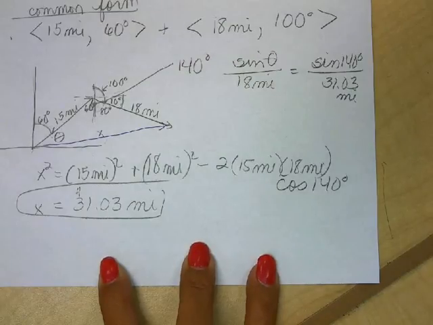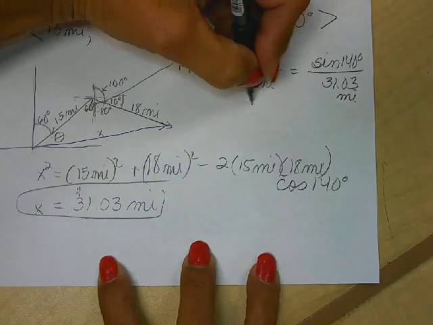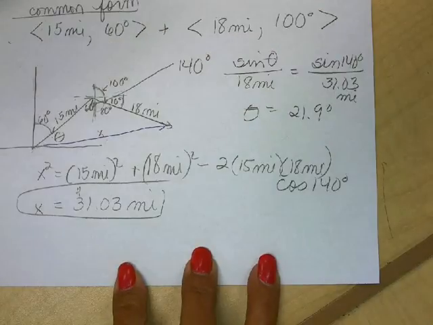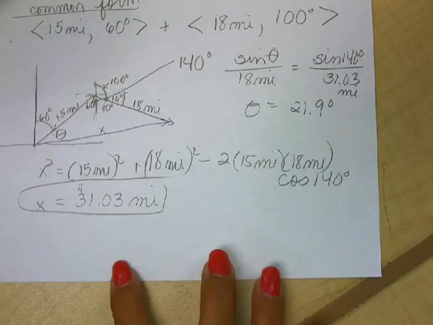And that side opposite is 31.03 miles, which I've already stored. So I know I need to take 18 times the sine of 140 degrees and divide that by the value that I have stored. And that will be the sine of my angle, inverse sining that. And I get that angle theta is 21.9 degrees.